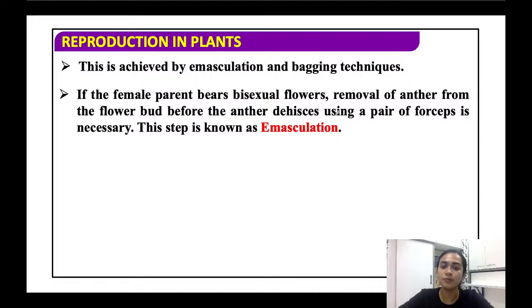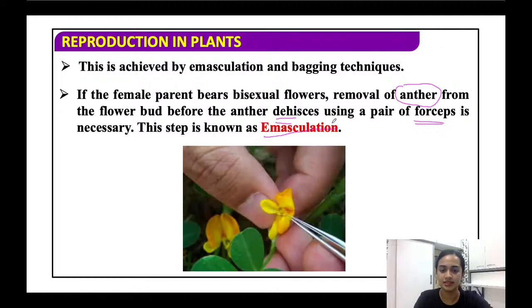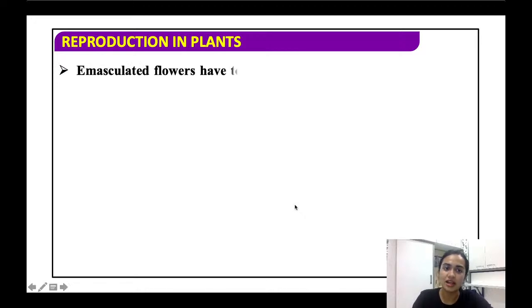That is, before the pollen grains burst open, the anther itself is removed, using a pair of forceps. So this step is known as emasculation, the removal of the anther itself. See, this is an example of emasculation using forceps. The anther itself is removed. This is in case it has bisexual flowers. So that now the chance of autogamy is completely ruled out.